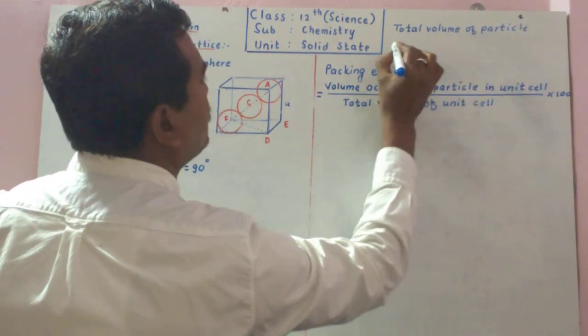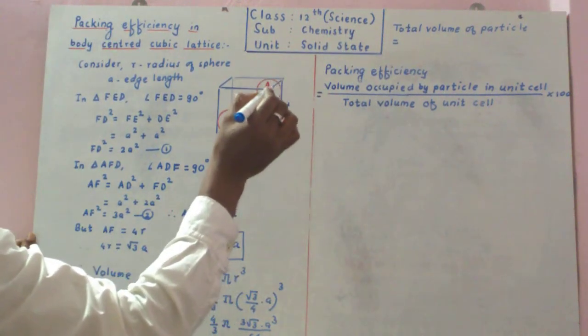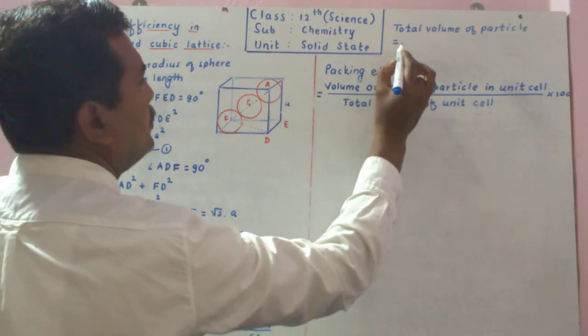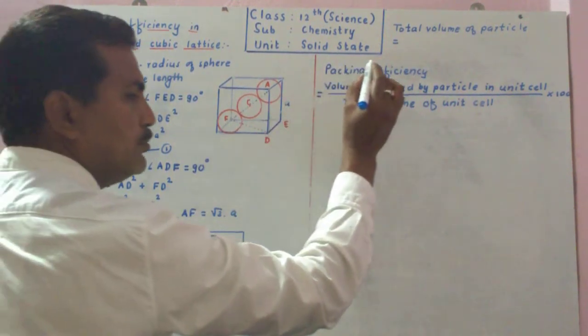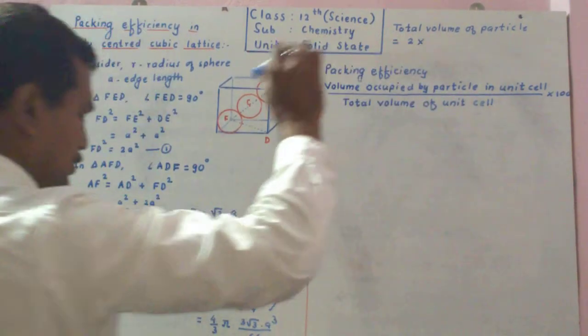In a body centered cubic lattice there are two particles, one at the 8 corners and one present in the center of that body. So here 2 into root 3 pi a cube upon 16.